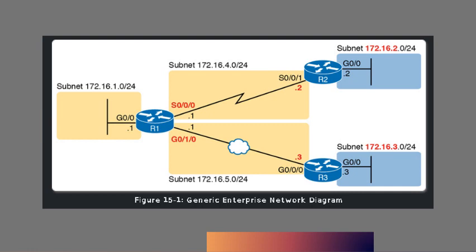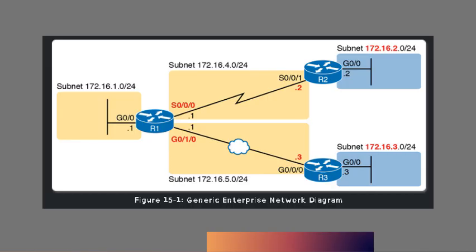This picture shows a generic enterprise network diagram. These diagrams are designed to facilitate decisions upon layer 3 topics, displaying network subnet IDs, masks, and interface IP addresses in shorthand.